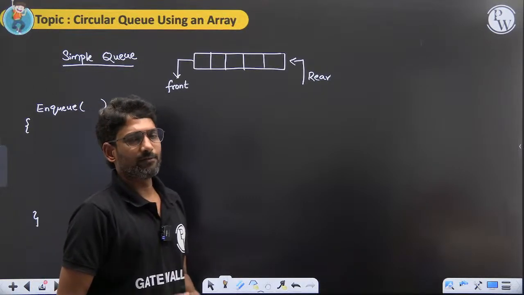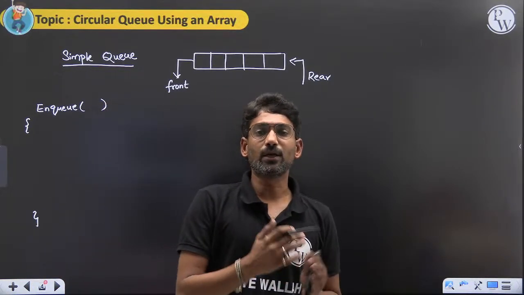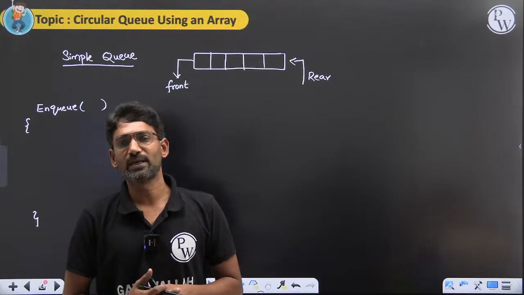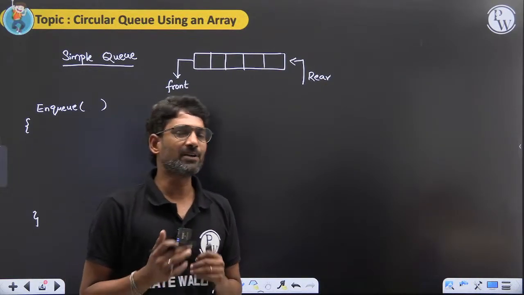First, we verify whether the queue has sufficient space to insert a new element. How did we verify it?